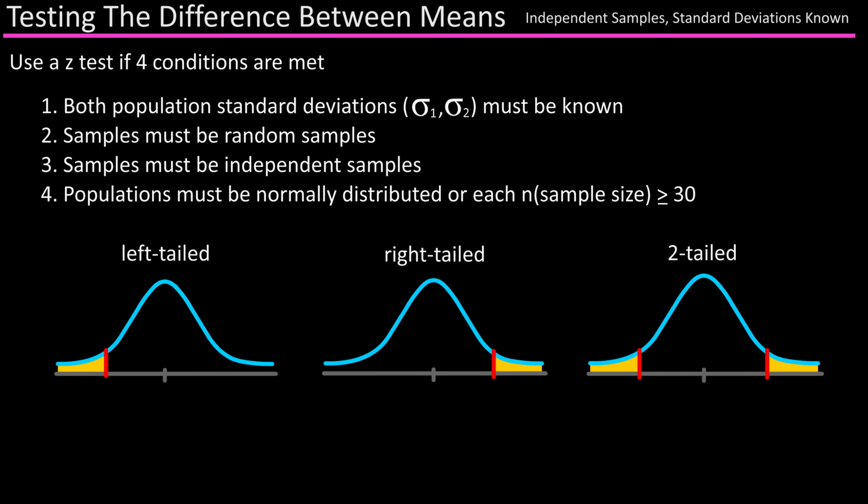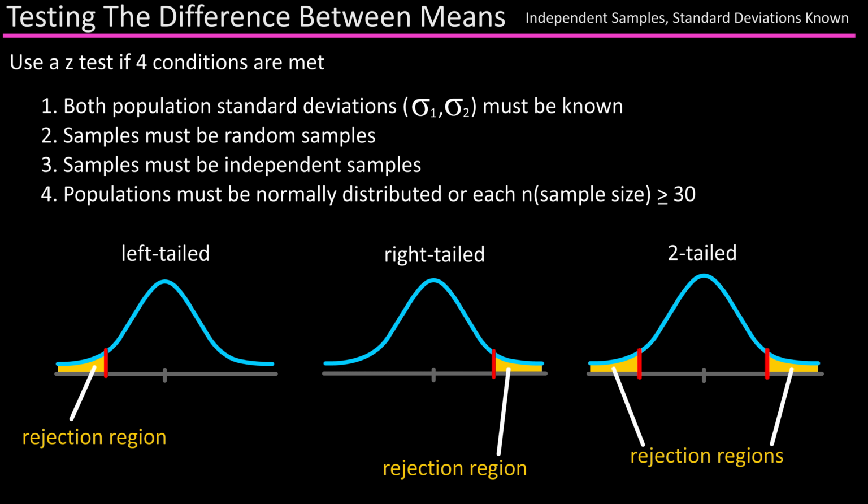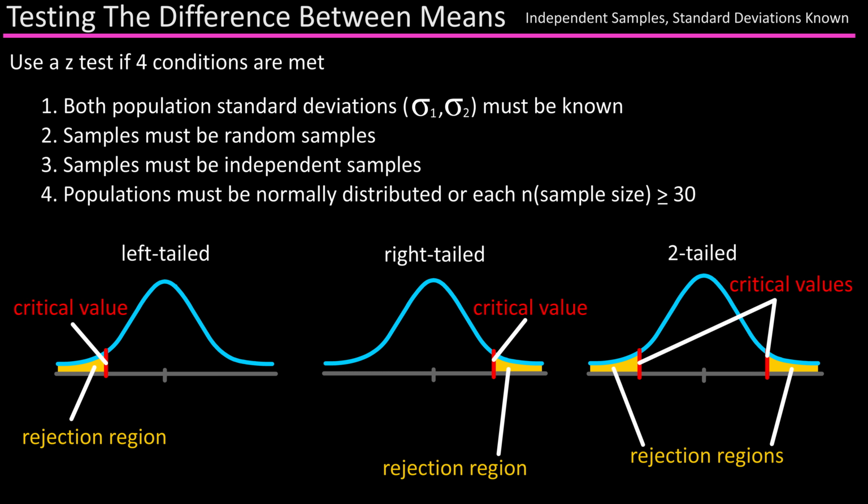Here are graphs for a left-tailed, a right-tailed, and a two-tailed test. And these shaded areas would be rejection regions, and these red lines are critical values. The shaded areas are the levels of significance, noted as alpha in one-tailed tests and 1/2 alpha for two-tailed tests. And the critical values are often noted as z0 for a one-tailed test and negative z0 and positive z0 for two-tailed tests.